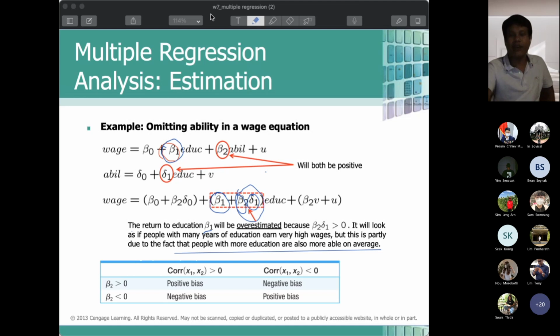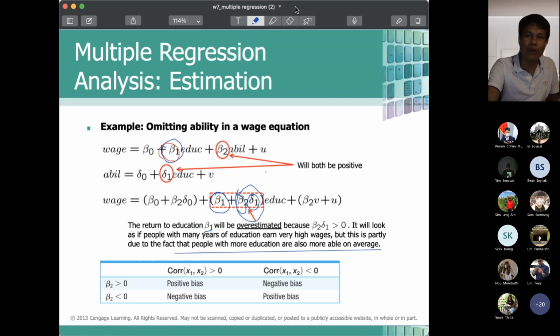Okay, good. So everyone, the question is: if you omit a relevant variable from your model, how do you know whether your estimate is biased to be larger or smaller than the true effect?